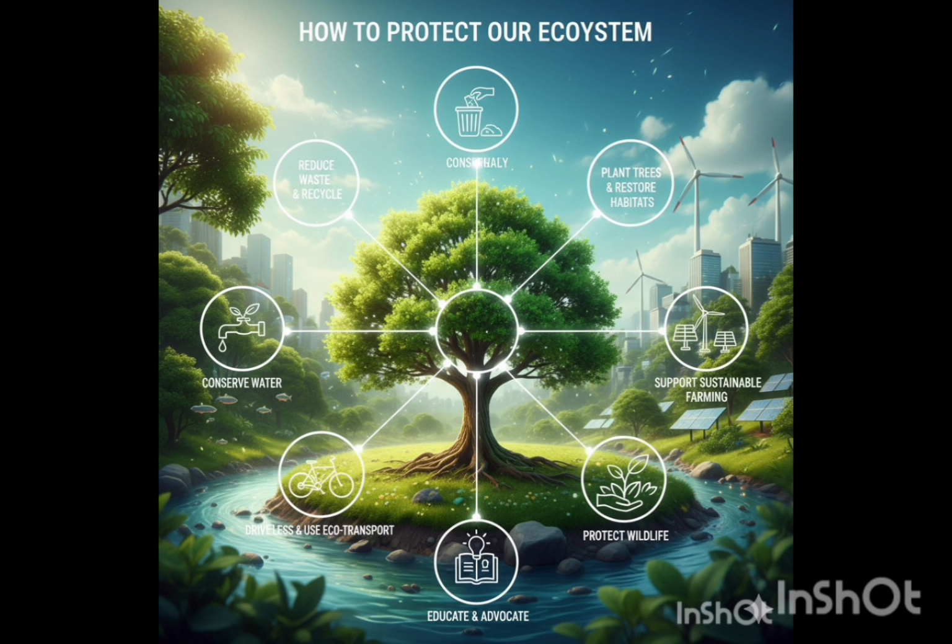We can drive less and use eco transport that can reduce pollution. We have to conserve water. We can reduce waste, and we can reuse and recycle the waste products. In this way we can protect our ecosystem. If we want to protect our ecosystem, we can.